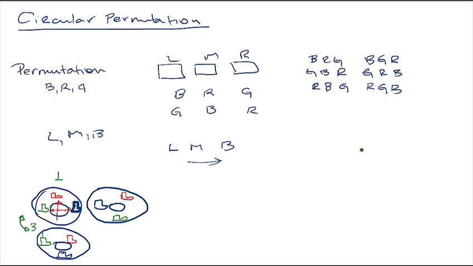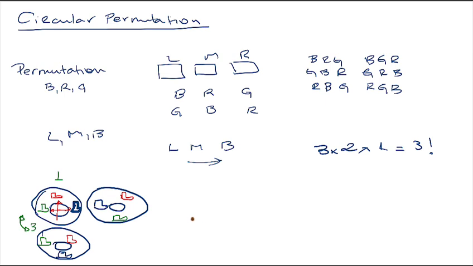For the first layer of decision, or for your first position, you have 3 options. For example, you can choose between L, M, or B. Then, because it's a selection without replacement, because you placed, let's say, L in the first position, you have only 2 options for the middle position, and then 1 option for the last position. So this is 3 factorial, or 6 arrangements.